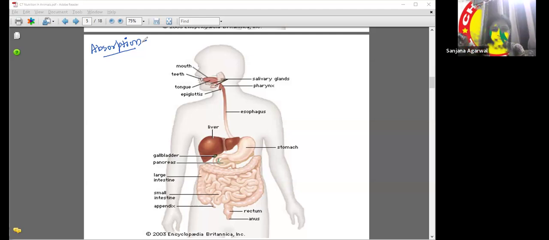So the first point is, in humans, absorption takes place in the small intestine, where nutrients are absorbed into the bloodstream.